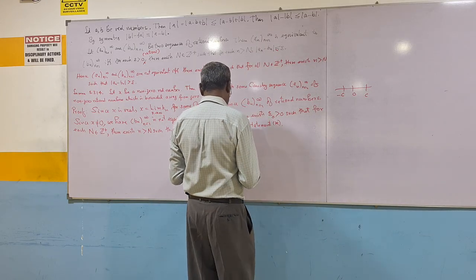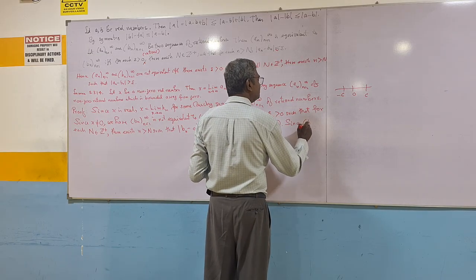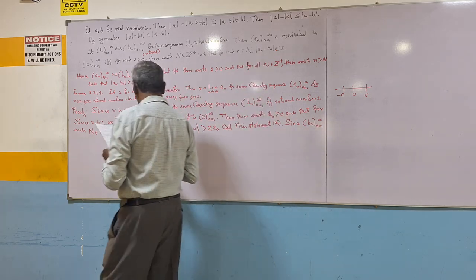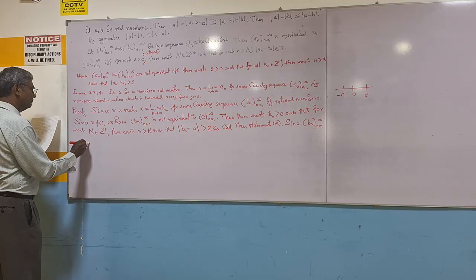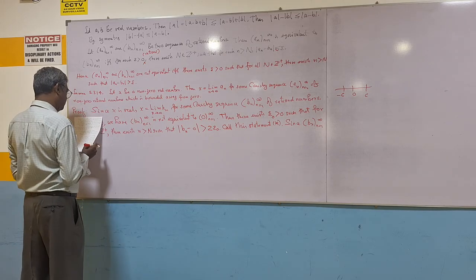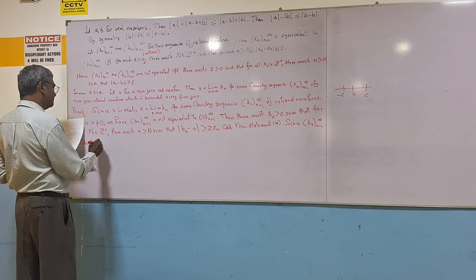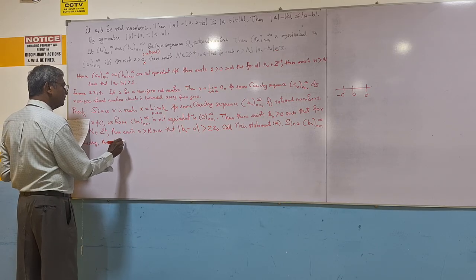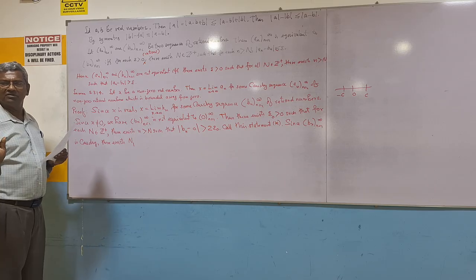I call it star. So since Bn, n going 1 to infinity, is Cauchy, there exists, I again put N1, that's also not going to change.